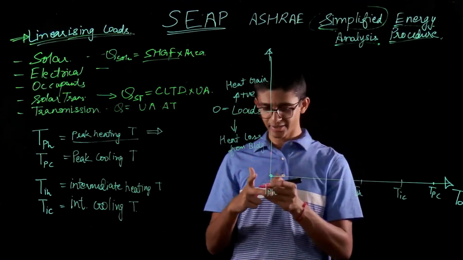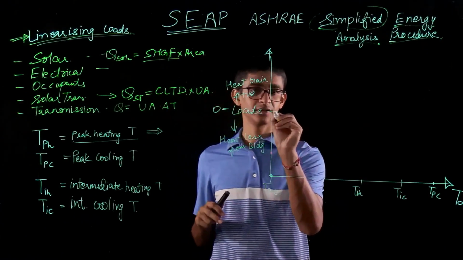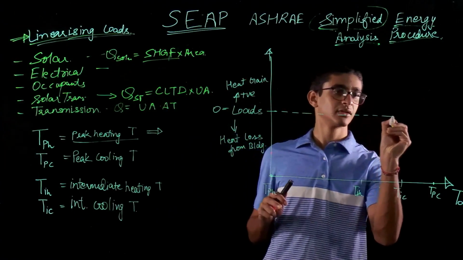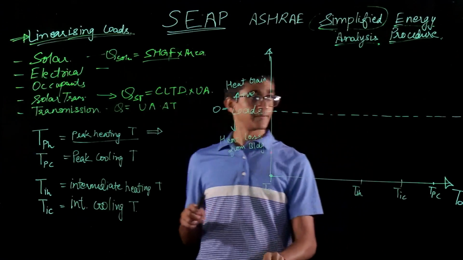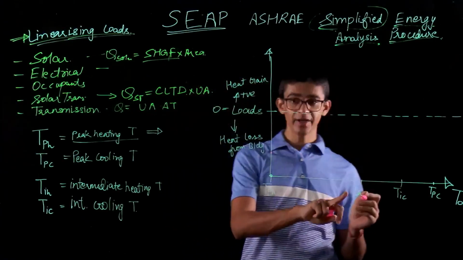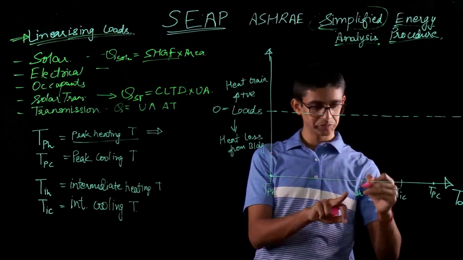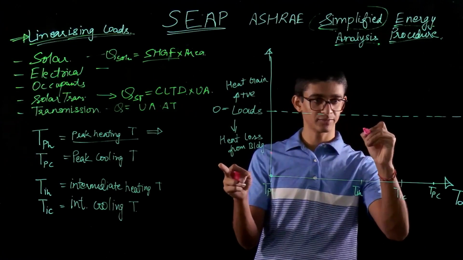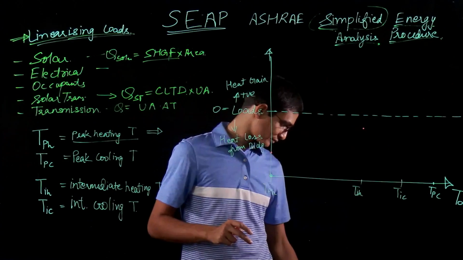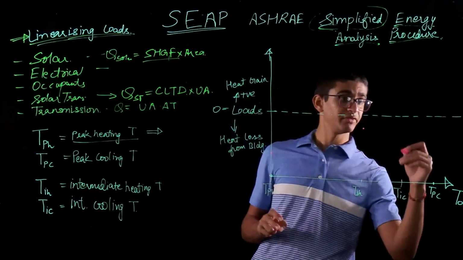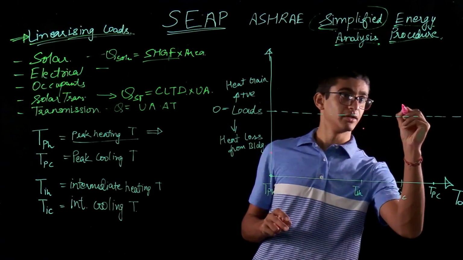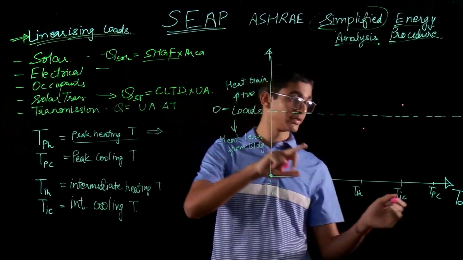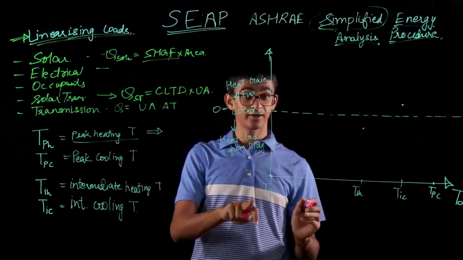That is, we are losing a lot of heat from the building. At an intermediate condition, let's make a reference line for us. And at an intermediate heating condition, we may have another heat loss from the building. At intermediate cooling, we may have some heat gain in the building because of solar transmission loads.